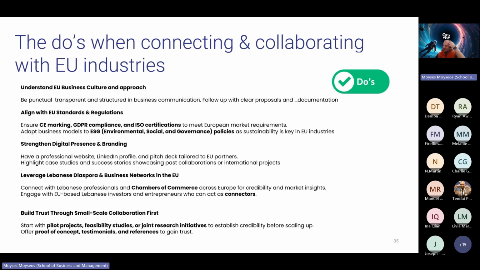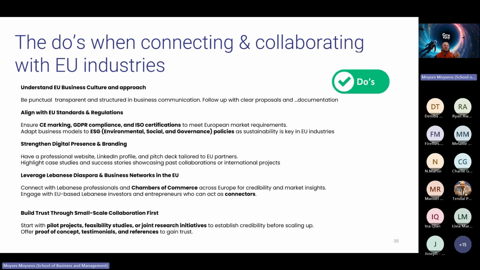So every culture is different, but there is a common, let's say, unified business culture, where you have to be punctual, transparent, and structured in business communication. Europeans like clear follow-ups with very specific proposals, and they love documentation and bureaucracy.